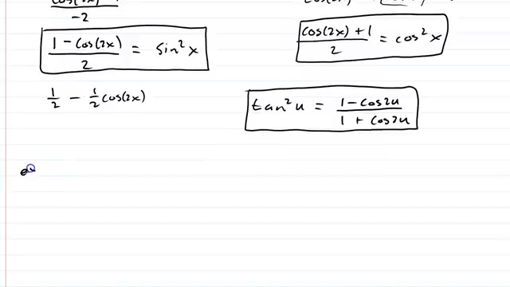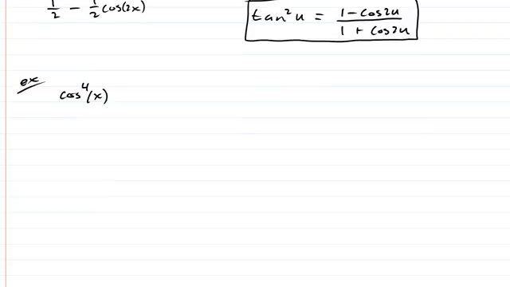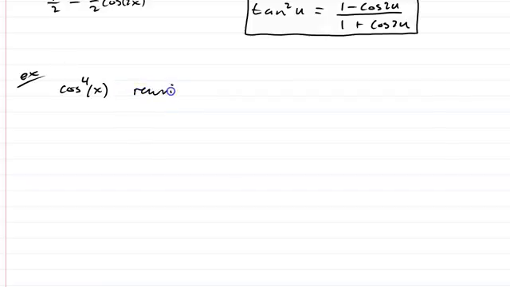Alright, example. What they'll want you to do is take something like cosine to the 4th power of x, and their direction will say rewrite in terms of sine or cosine with power no greater than 1.